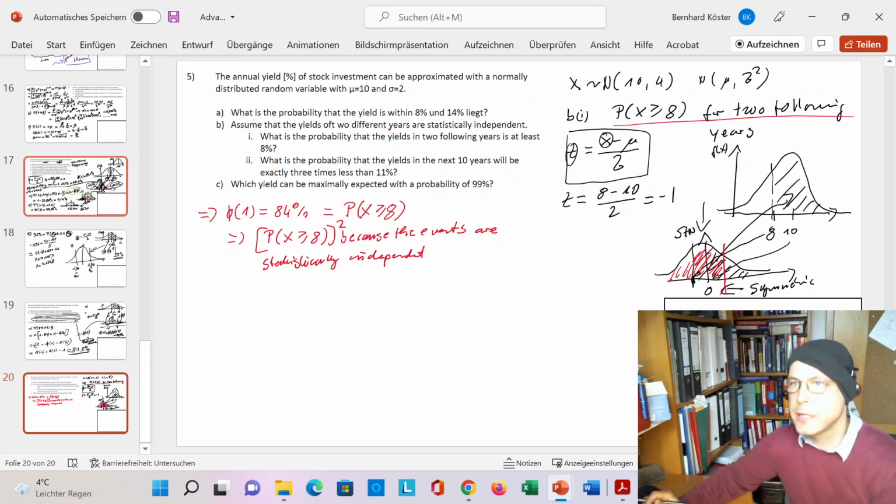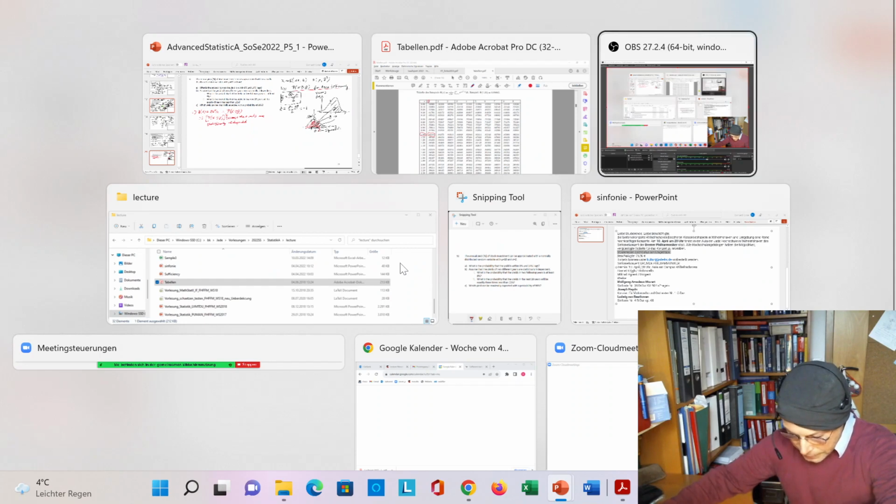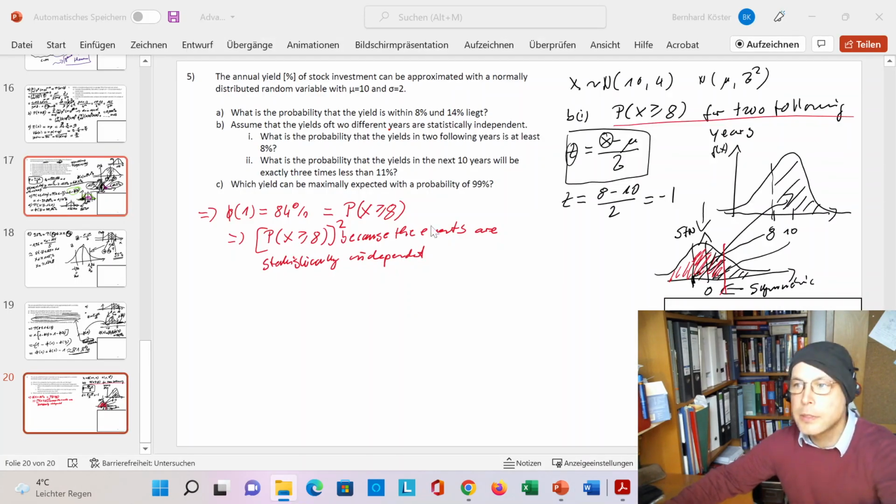And so we obtain 0.84 times 0.84, which should be something around 0.7, I think. Let me open also some Excel file for this.